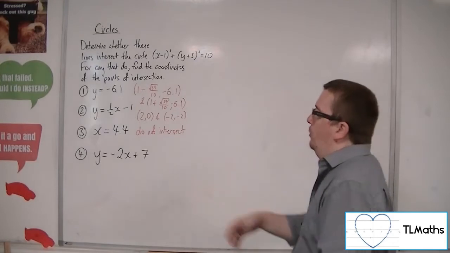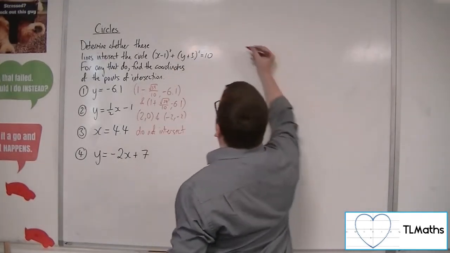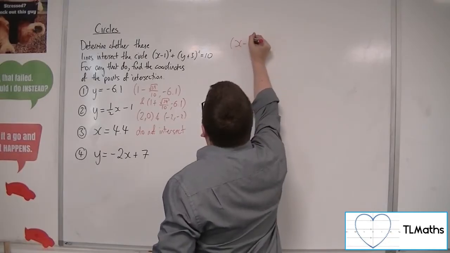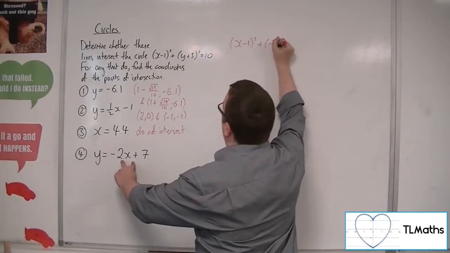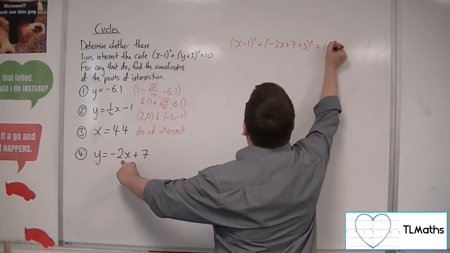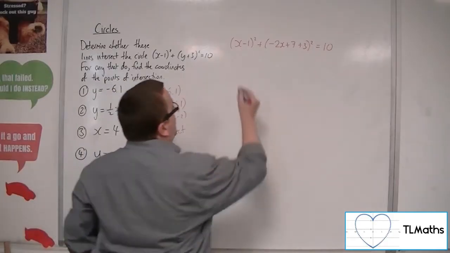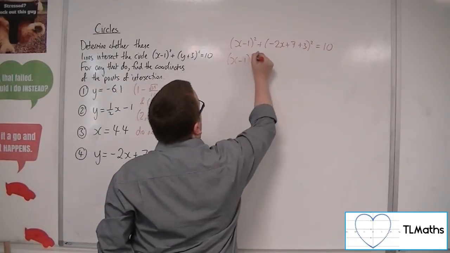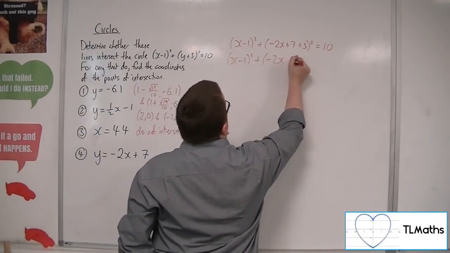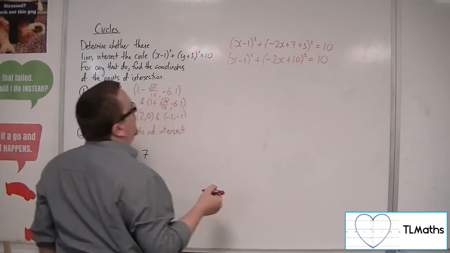Okay, so number 4, y = -2x + 7. We're going to substitute this equation straight into the equation of the circle. So (x - 1)² + (-2x + 7 + 3)² = 10. If we tidy up that bracket first before expanding it, we're going to have (-2x + 10)² = 10.